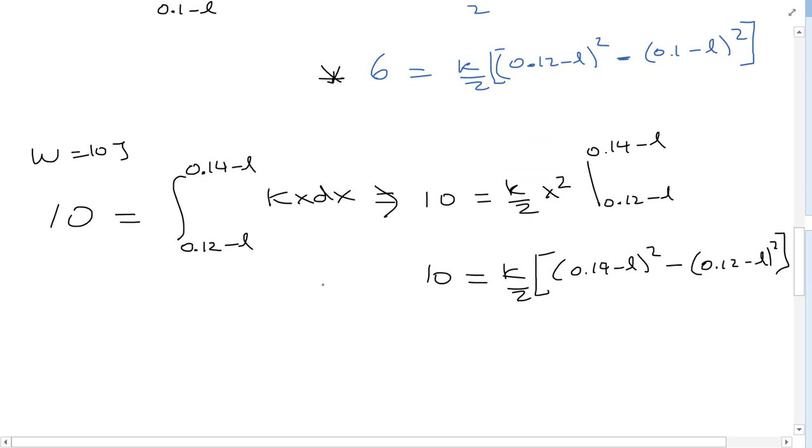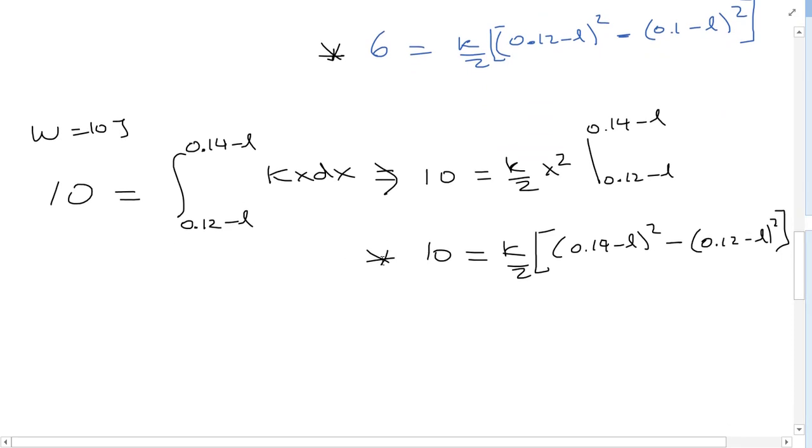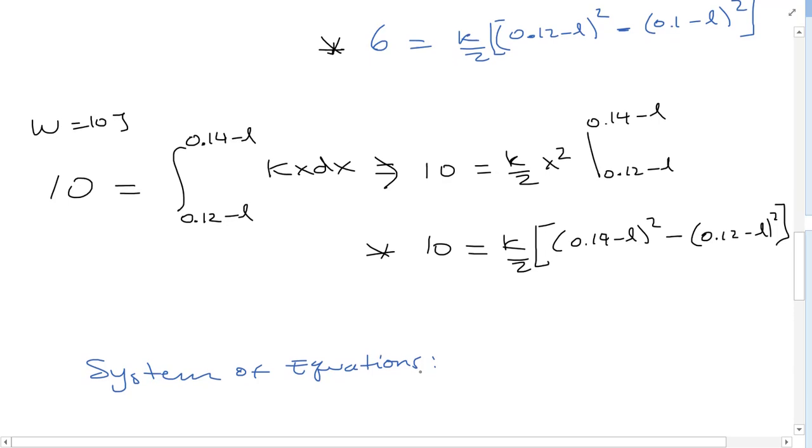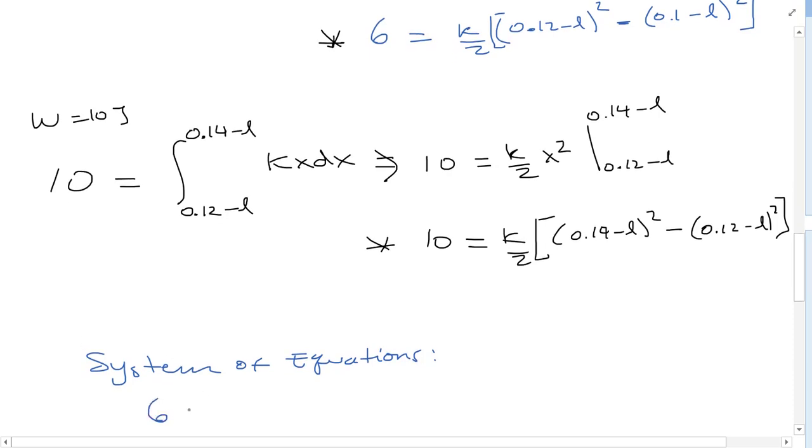And so now I have two equations and two unknowns, so we create a system of equations and solve. So let me write down what our system will be. A system of equations. The first equation is 6 equals k over 2, and we're going to multiply both sides by 2 in a minute, times (0.12 minus L) squared minus (0.1 minus L) squared.